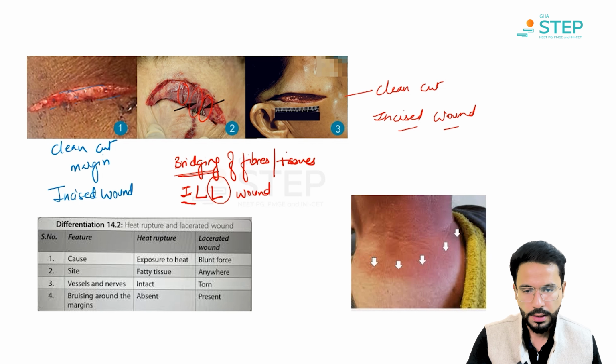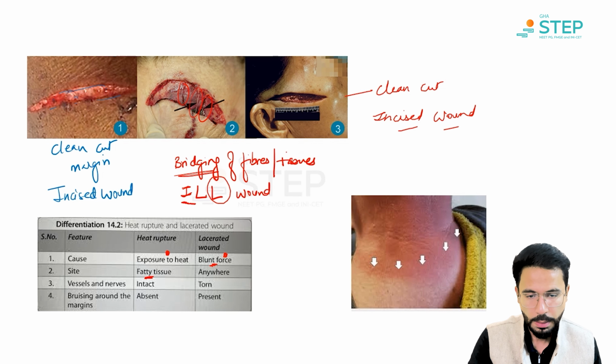So let us look at the difference now between a heat rupture and a lacerated wound. A heat rupture is caused by exposure to heat, obviously, and a lacerated wound is caused by blunt force. A heat rupture occurs mostly in the fatty tissue, whereas a lacerated wound will occur anywhere because it is an antemortem thing; anybody can hit anywhere.